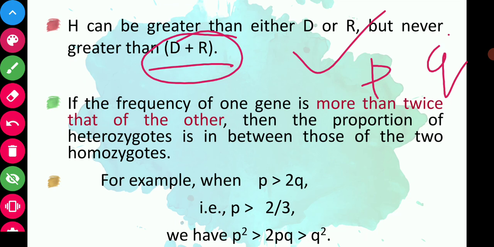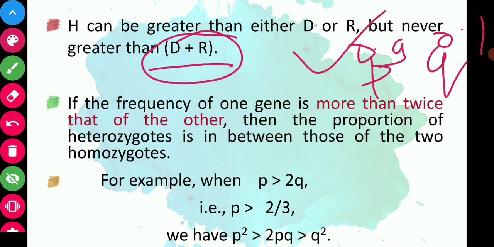Suppose the q allele is 0.1. What will be twice q? It will be 0.2. Suppose p is 0.9. So the frequency of the p allele is greater than twice that of the q allele.